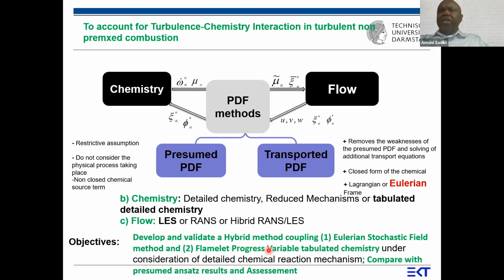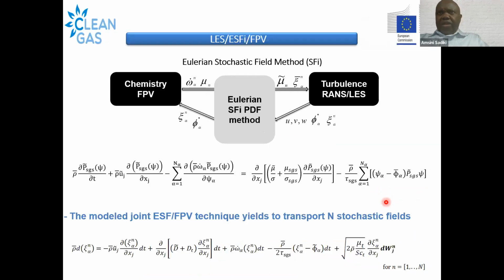So we have naturally the PDF, the FGM, but we also use the flamelet progress variable tabulated chemistry, and we compare both the presumed PDF and the Eulerian one. Naturally, if we use the Eulerian PDF, we solve this equation, the transported PDF you have learned in the turbulent combustion part by Professor Schocker.